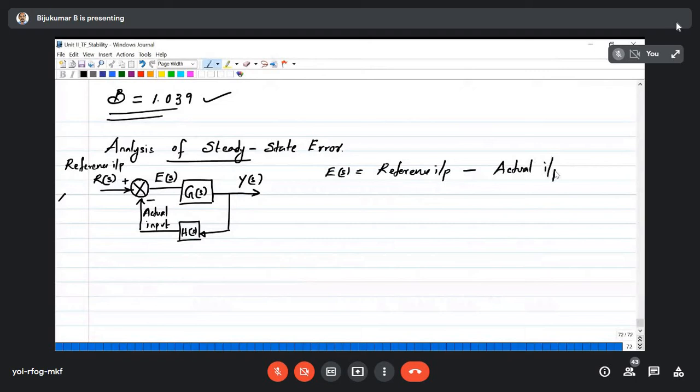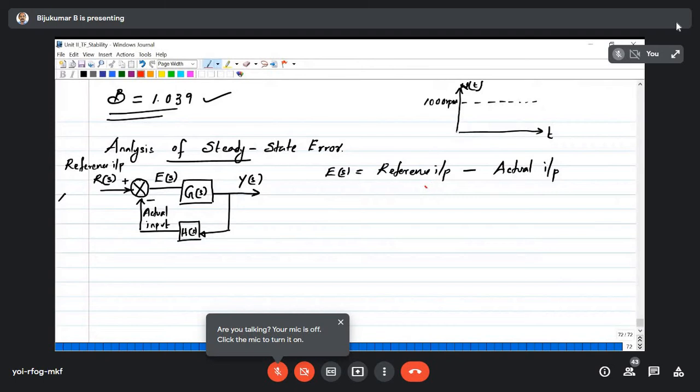Suppose I am controlling the speed of a DC motor and my reference value is 1000 RPM. Let it be n of t. What are we expecting as the response? We are expecting something like this. It has to reach steady state as fast as possible without any oscillations, right?